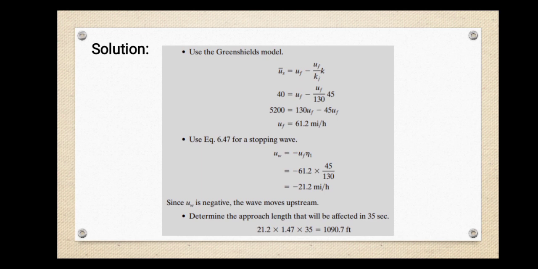And since u sub w is negative, the wave moves upstream. Next, determine the approach length that will be affected in 35 seconds. So we have 21.2 miles per hour times 1.47 times 35 seconds is equal to 1090.70 feet.